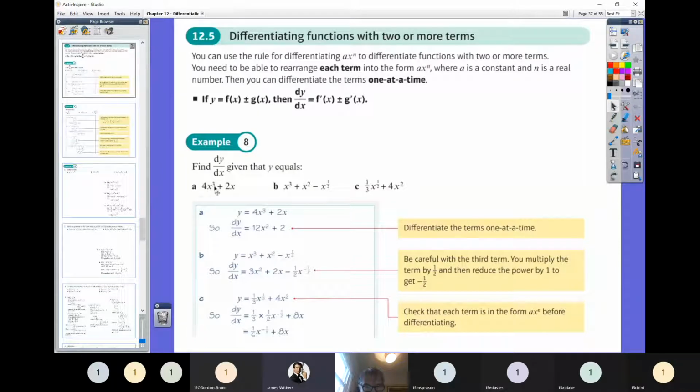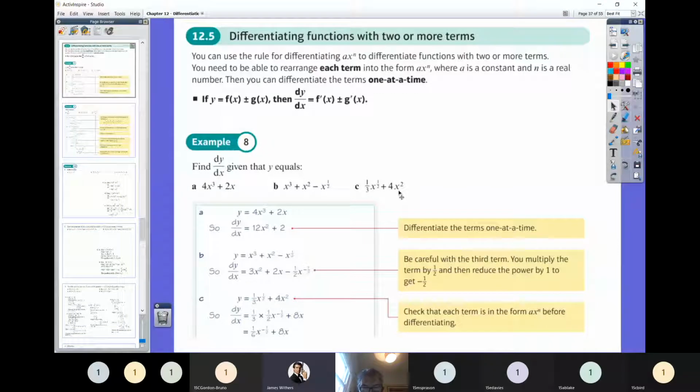So when you differentiate 4x cubed, you get 12x squared. And then the new bit is you then just move on to the next term and differentiate that. So 2x becomes 2. So for part B, you're going to differentiate term 1, then term 2, then term 3. For part C, differentiate term 1 and then term 2.